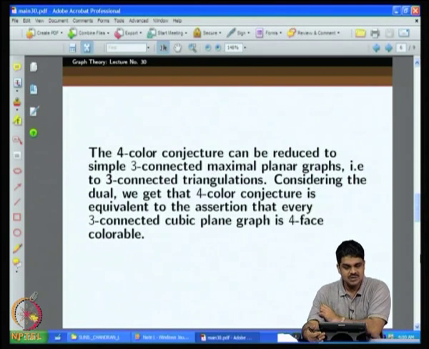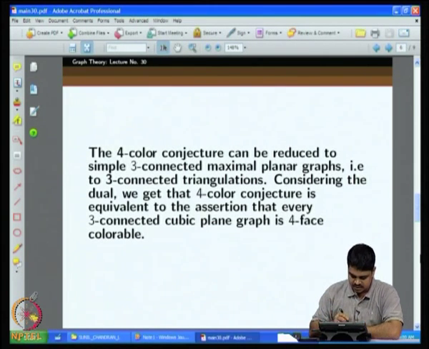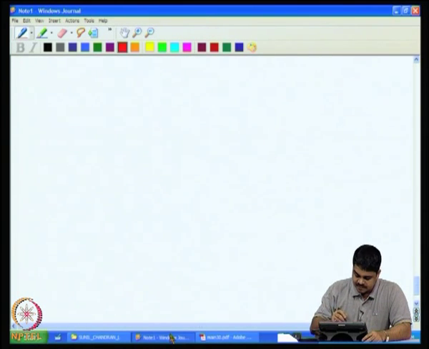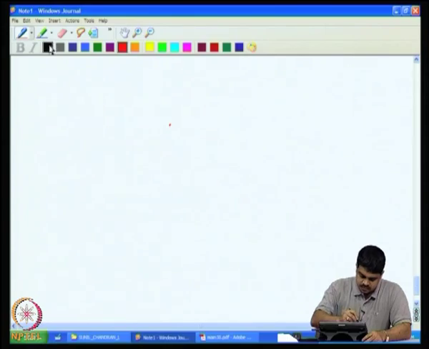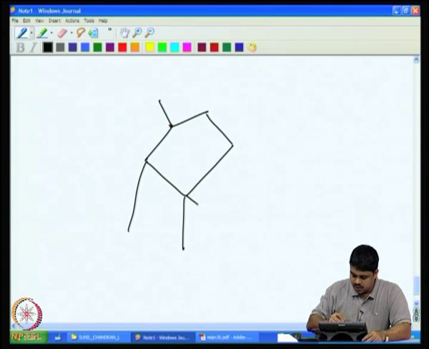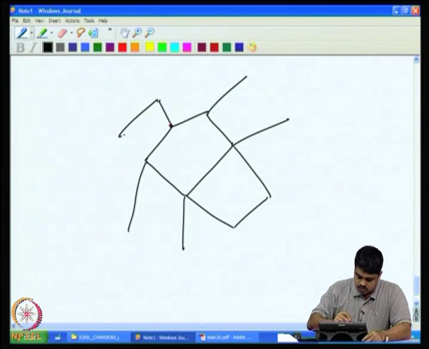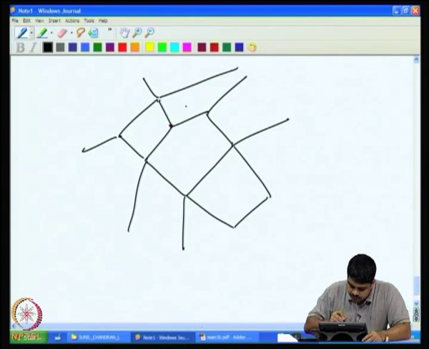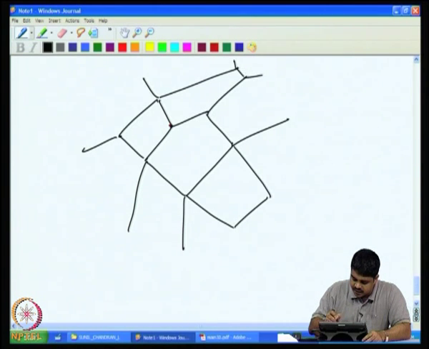Dual is a concept which we did not discuss when we studied planarity, but it is a very simple concept. Suppose we have a drawing, something like this. We can consider each face as a vertex.